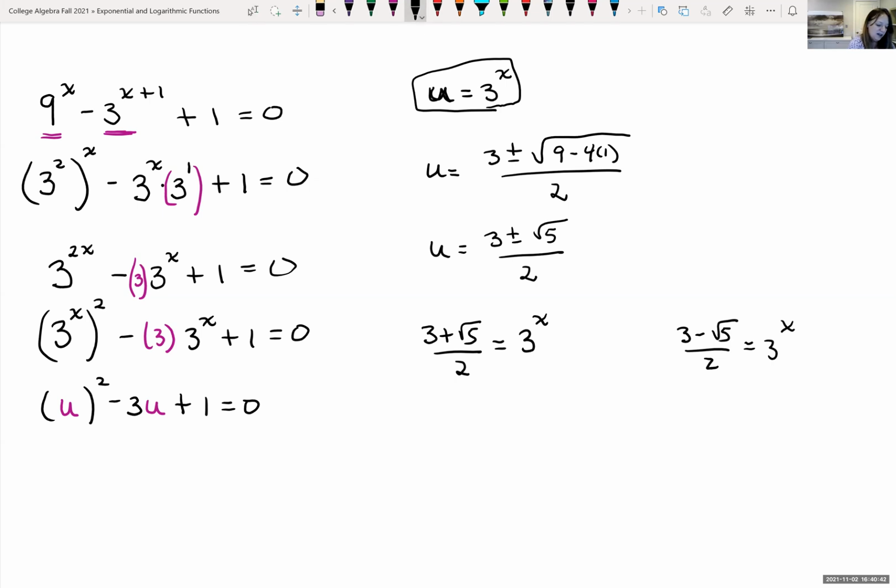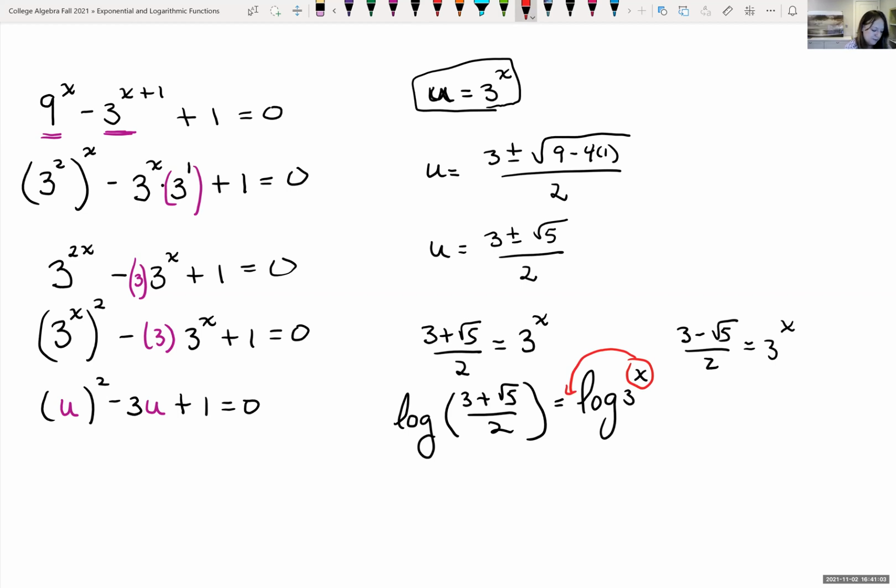So take the log base 10 or log base e, natural log, to both sides. If I take the log of both sides, I get the log of (3 plus root 5) all over 2 equals log of 3 to the x. Let's bring our exponent down.